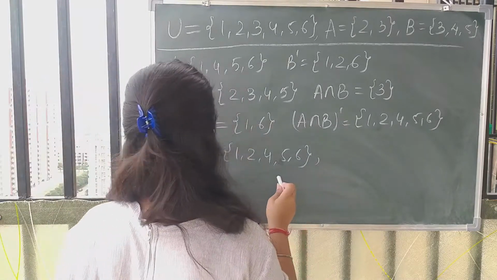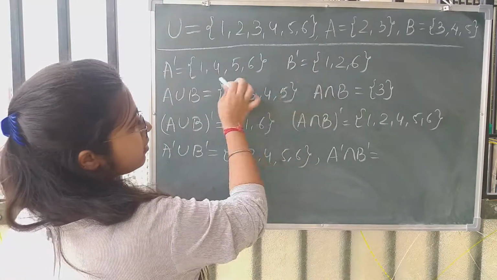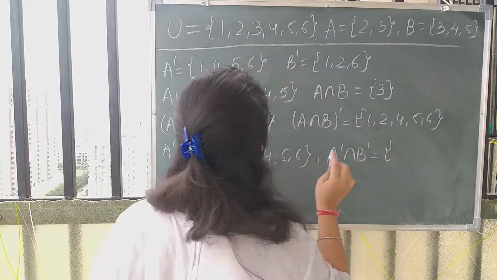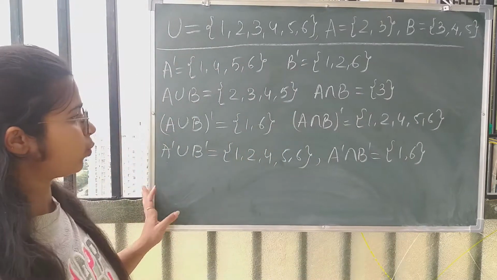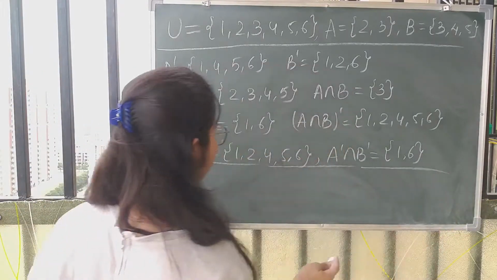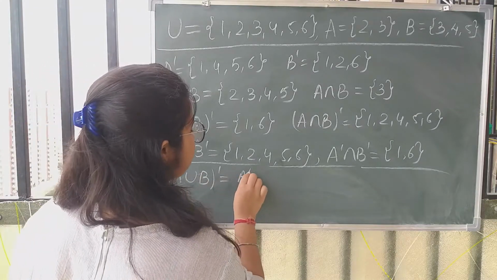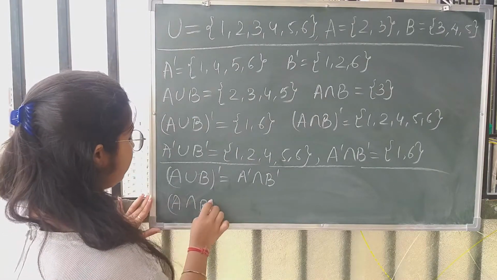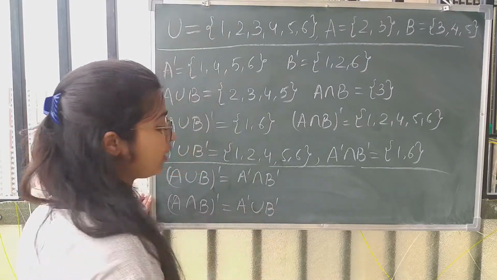Similarly, if you find out A complement intersection B complement, that means the intersection of both of these sets. So you get that the intersection is 1 and 6, which comes out to be the same as A union B complement. So here what you can see is that A union B complement is the same as A complement intersection B complement, and A intersection B complement is the same as A complement union B complement.